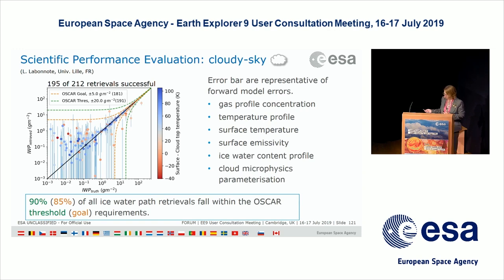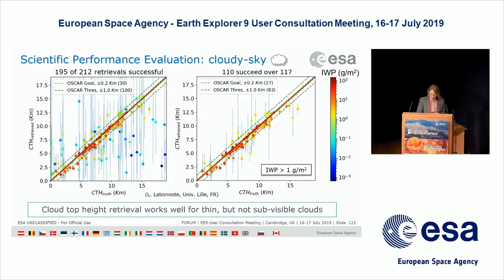So if you then look at the cloud top height of that same retrieval and you plot the retrieved versus the truth, again, this is now color-coded with the ice water path. So everything green and blue is subvisible. Then you see there a lot of red dots lie on the one-to-one line, and there are a lot of blue and green dots out of it.